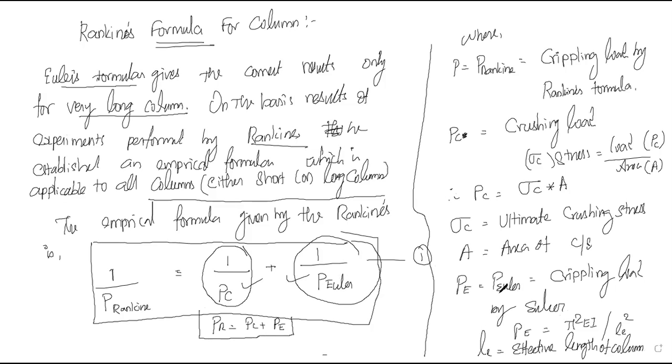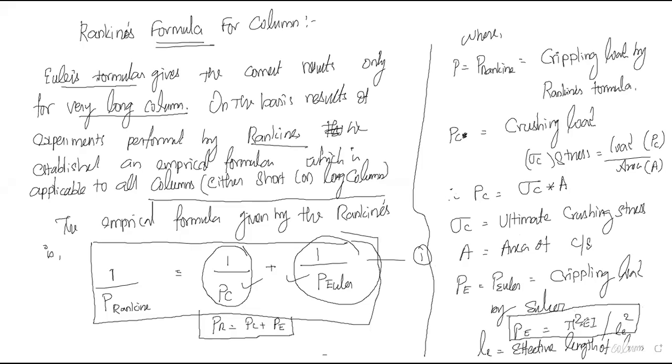Now look at the equation pi squared EI by LE squared; it is purely related to LE. If the effective length is more, then automatically the PE value becomes less, correct or not?